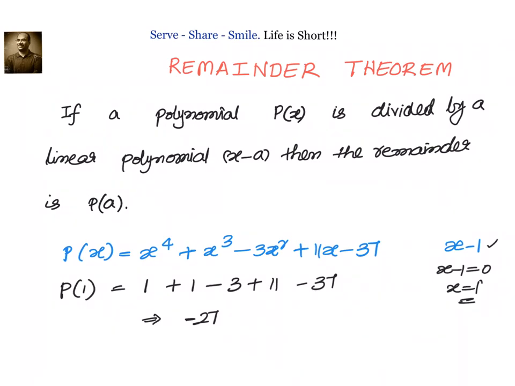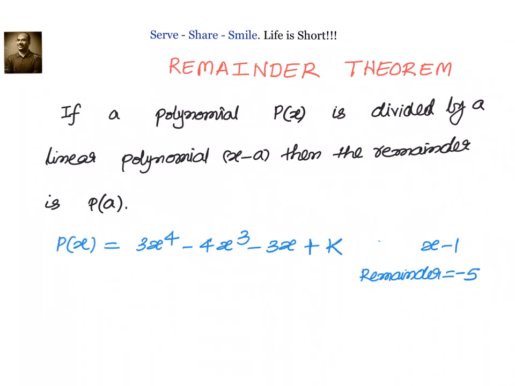Let us try some more problems. There are two types of problems. One, we can be asked to find the remainder. The other is to find an unknown value k when we know the linear polynomial and the remainder. Like in this example, we have been given a polynomial 3x to the power of 4 minus 4x cube minus 3x plus k, and it is divided by a linear polynomial x minus 1, and the remainder is minus 5. Then we have to find the value of k. For that, again, x minus 1 equals 0, that means x equals 1.